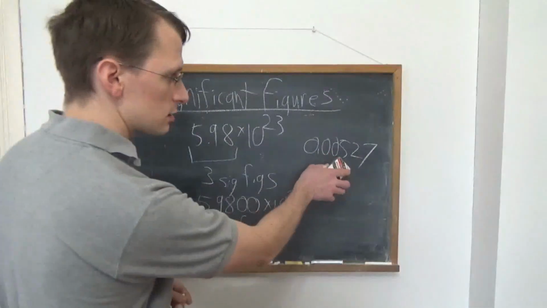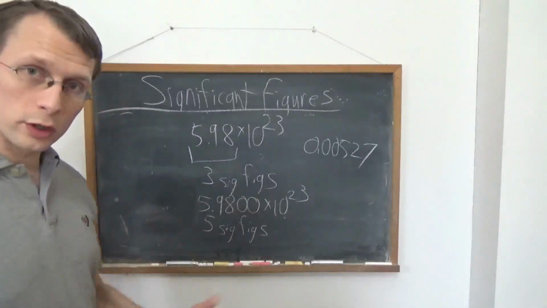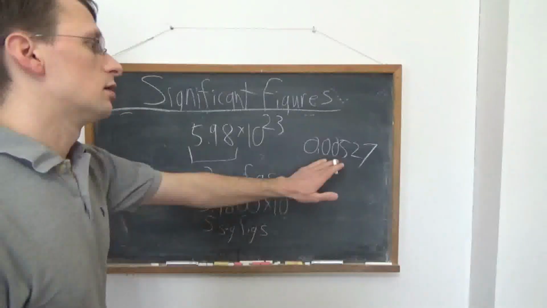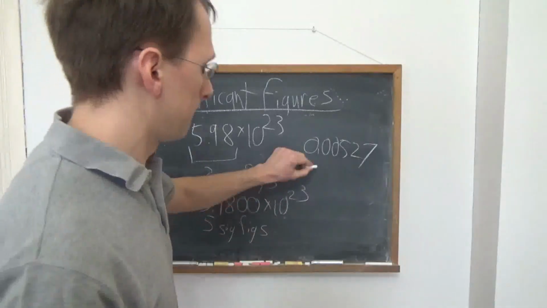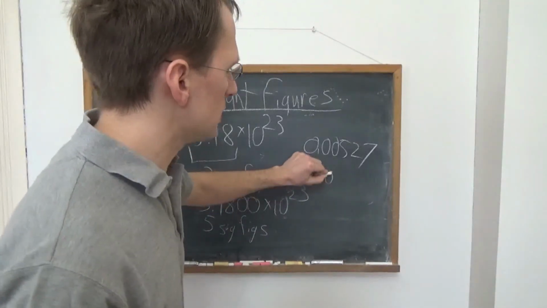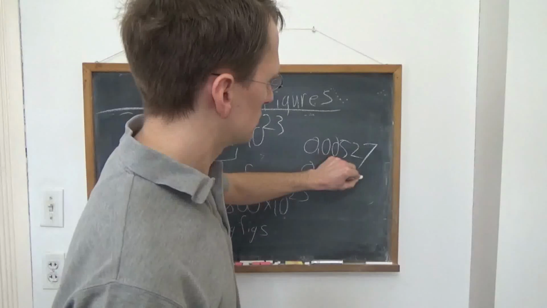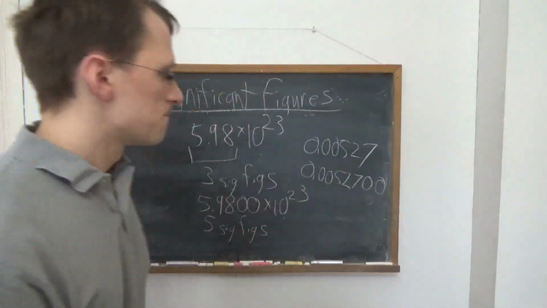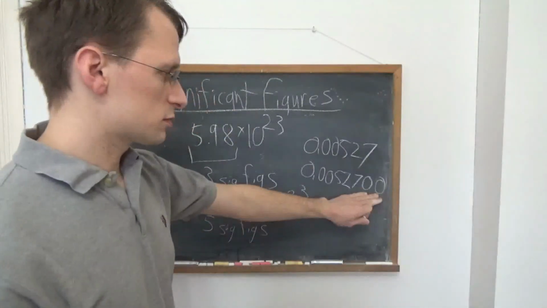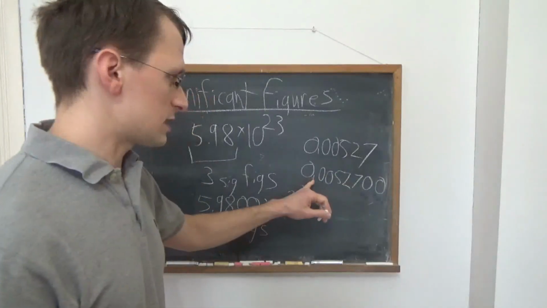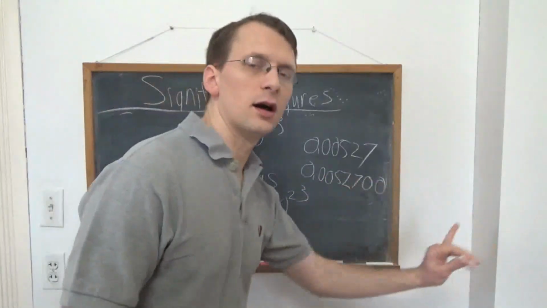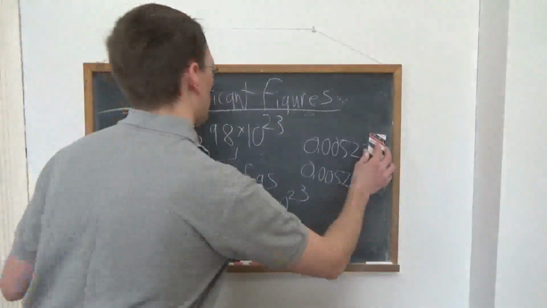These 3 zeros then wouldn't count because they're leading zeros on it. But once again, doing a slight change here, these 2 trailing zeros would count because there's a decimal in the number and they're to the right of a non-zero number.